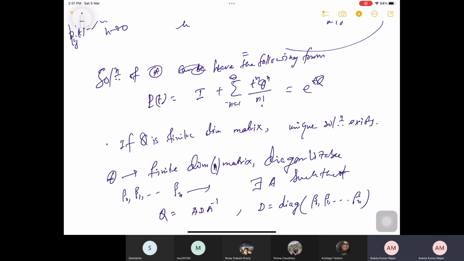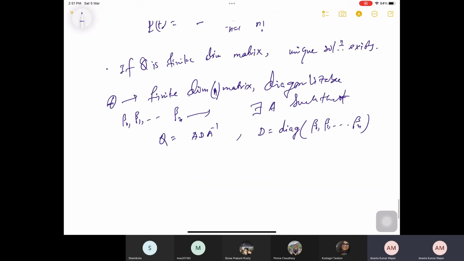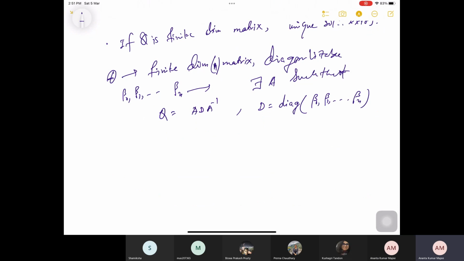Okay, because I want to find out the solution to that problem: P prime of t is equal to Q of P of t, and you have P of 0 is equal to identity. So then what the matrix P takes, in that case P of t, it should be A D1 of t A inverse.